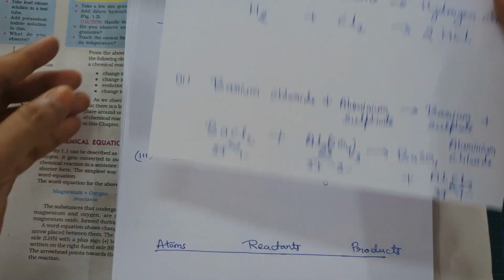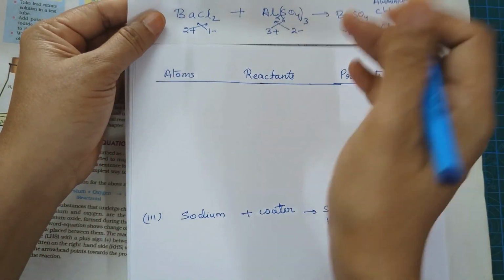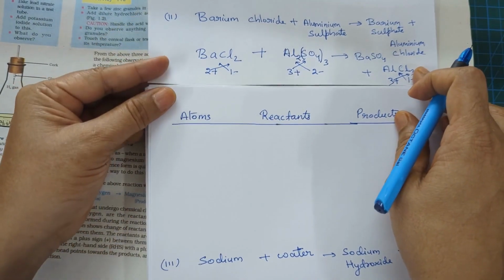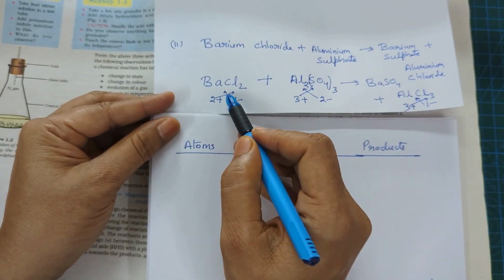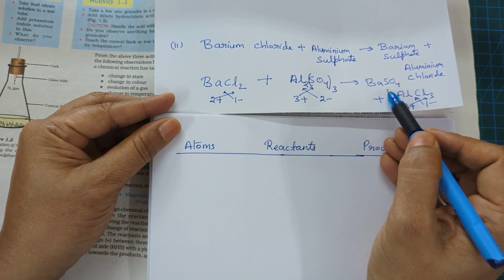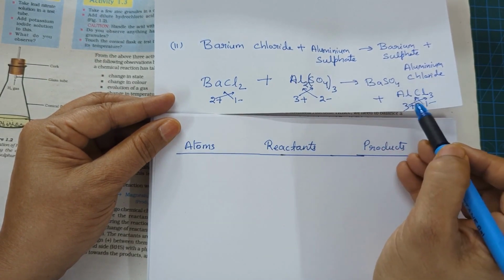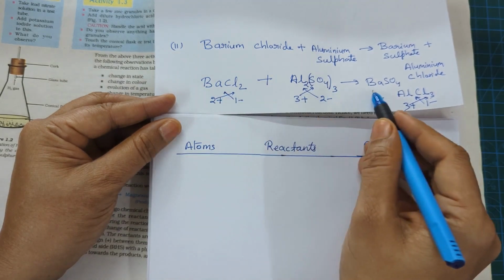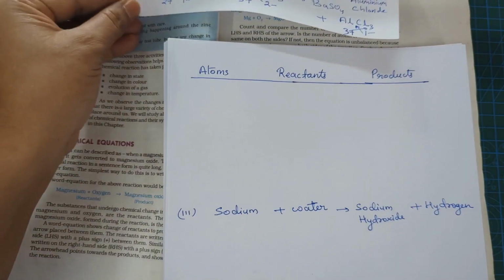Now let's balance this equation. I hope this is visible in the camera. Our equation is BaCl2 plus aluminium sulfate gives barium sulfate and aluminium chloride. So let's list out all the atoms that are there in this chemical equation.